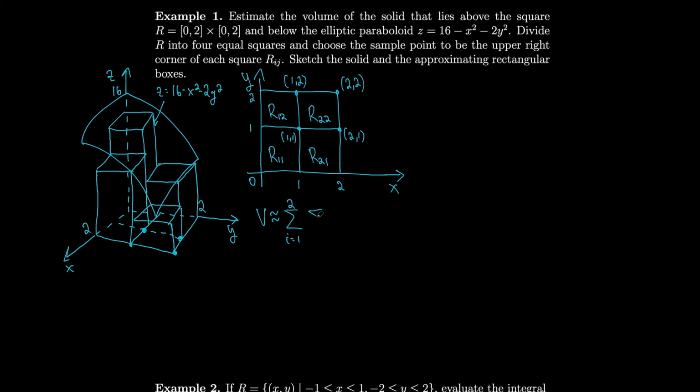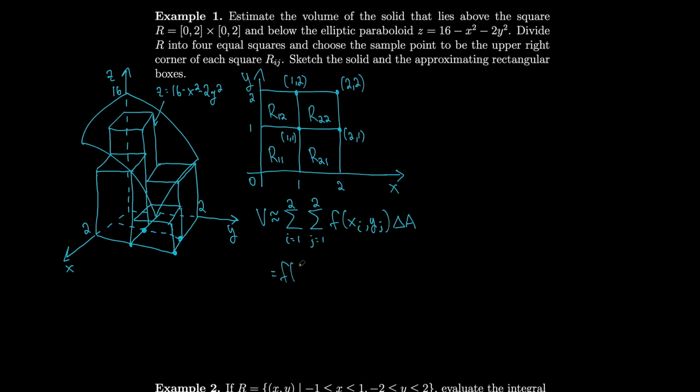we're only doing up to 2 for x, and we're only doing up to 2 for y. Oops, should I just use j for my other index? And I'm doing f of x_i, y_j times delta A. Notice that delta A is just the area of any of these rectangles, and they're all 1 by 1, so delta A is 1 for all of these guys.